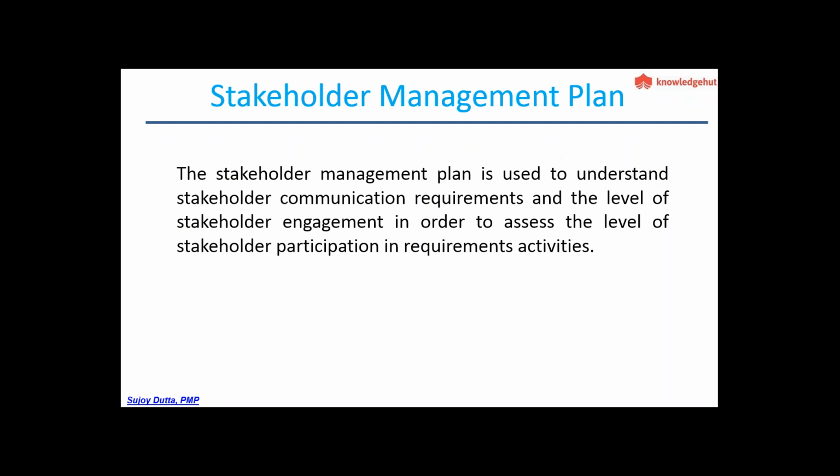Now this user acceptance test criteria is basically a sort of understanding with the stakeholder that if you want your product or the final outcome to be accepted, then these are the features that the product should be performing at the end of the project.